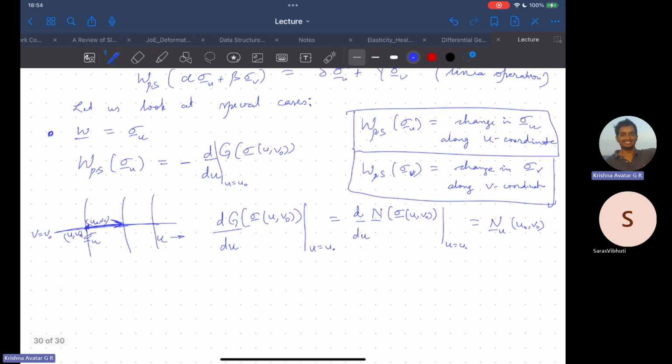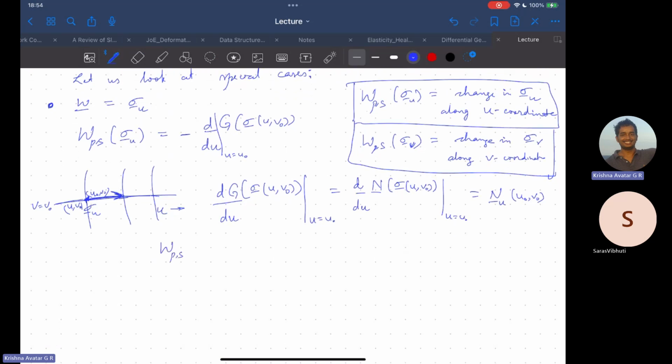So if you take W_p of S of sigma_u, this gives us n_u at (u_0, v_0). And then if you choose the special case where W is sigma_v, then W_p of S of sigma_v is equal to n_v, also at (u_0, v_0).